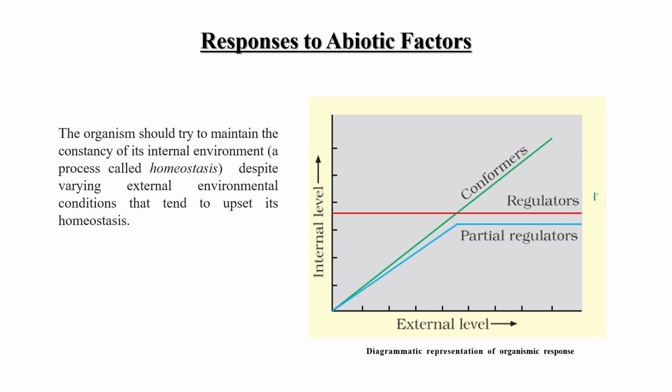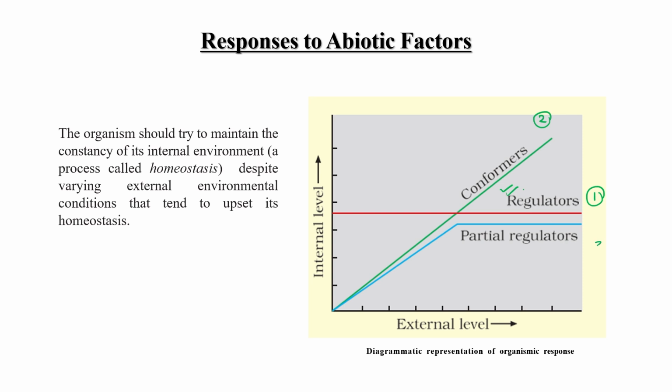Those that are able to regulate their temperature or maintain their homeostasis or internal body temperature come under regulators. Those that are not able to maintain their body temperature and change it according to the environment come under conformers.